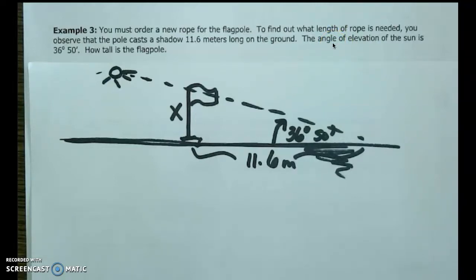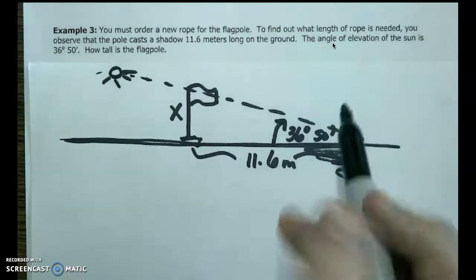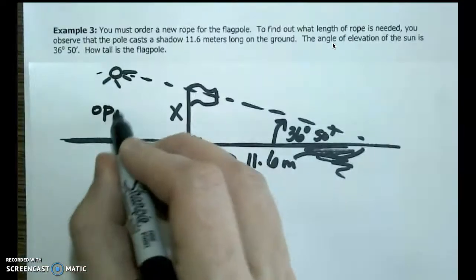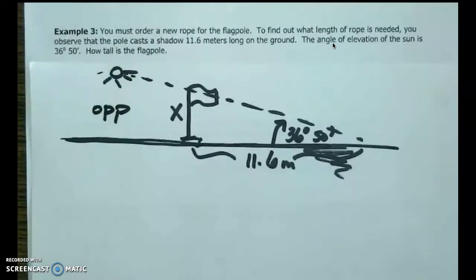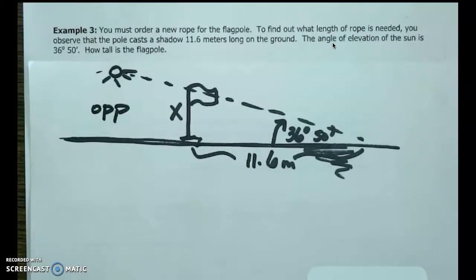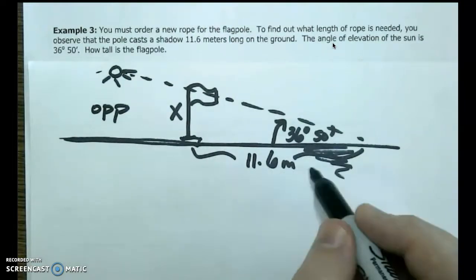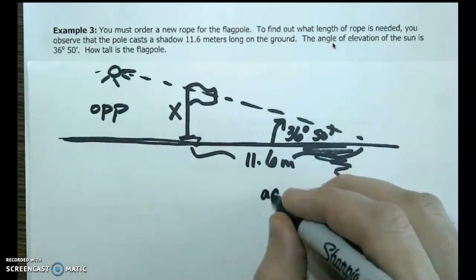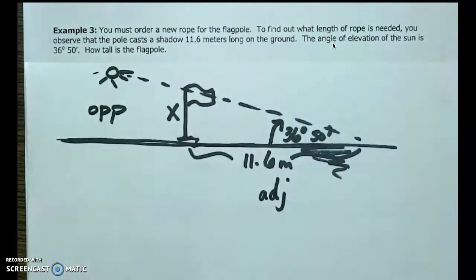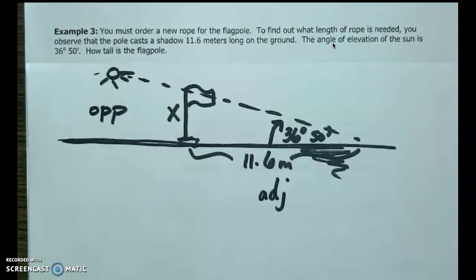Okay, so we have everything we need, and now we want to solve for x. X is the opposite side of the triangle, and 11.6 is the adjacent side. So we think about which trig function uses opposite and adjacent.